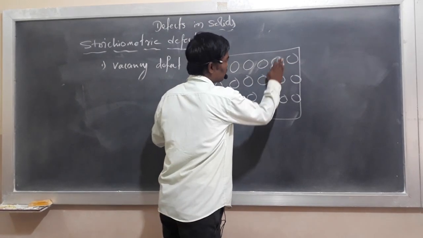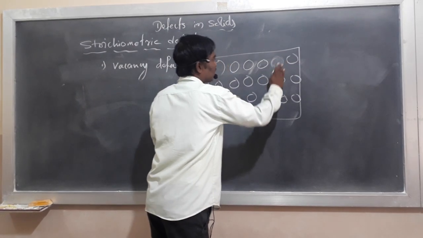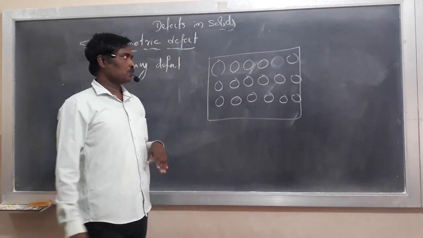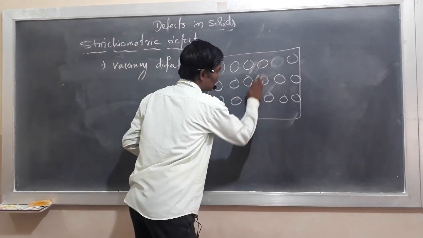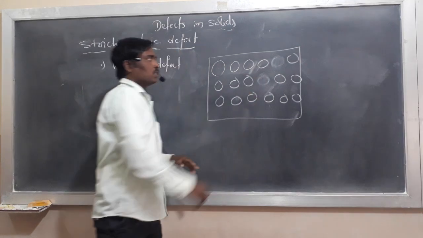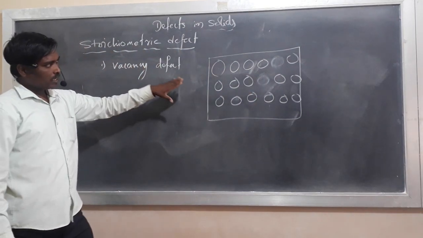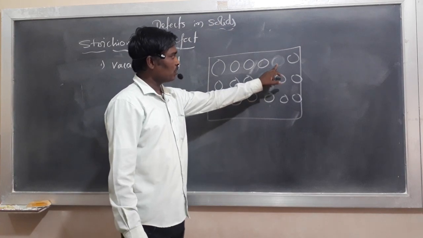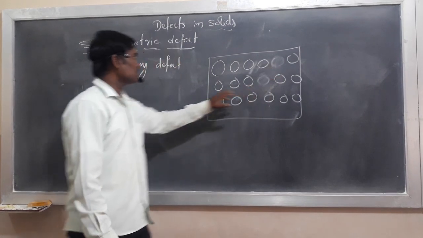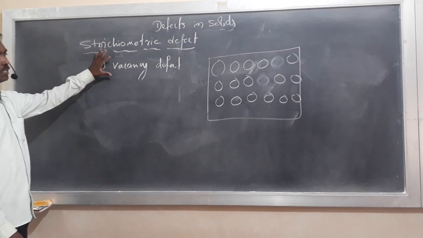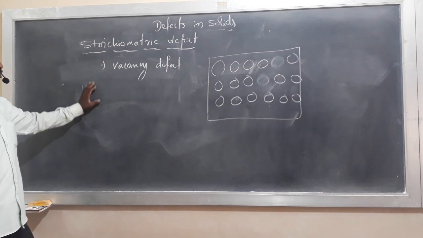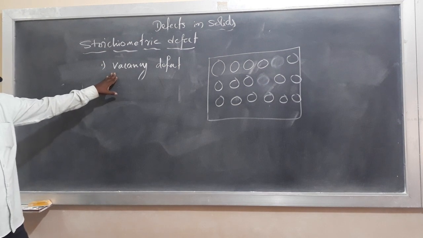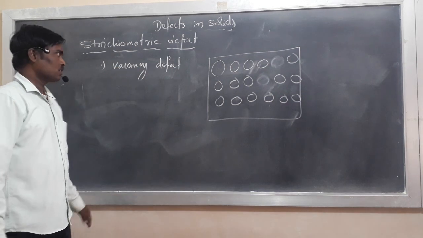If some of the atoms are missing from their regular lattice points, so this point is vacant and this point is vacant. That means some lattice points are vacant. This shows the absence of an atom in this position. Such defects we call vacancy defects.